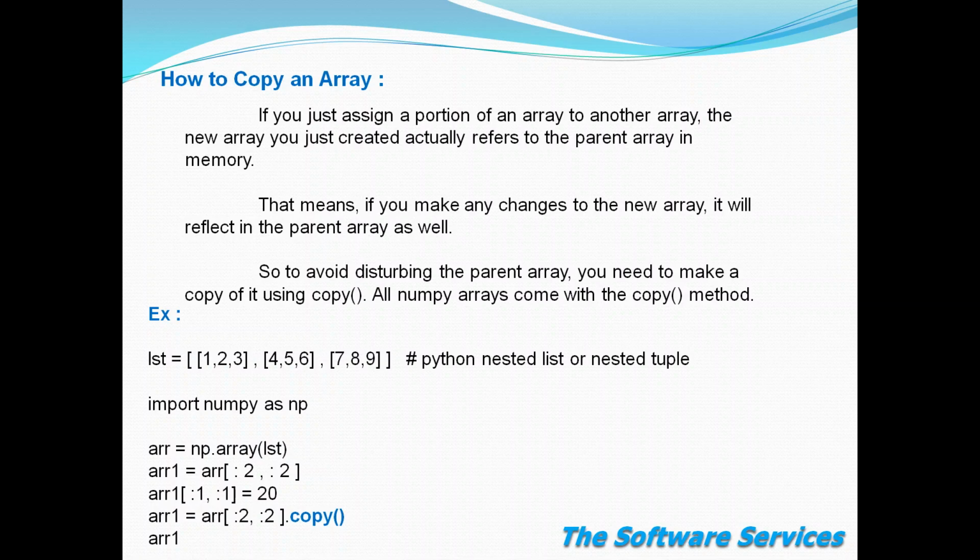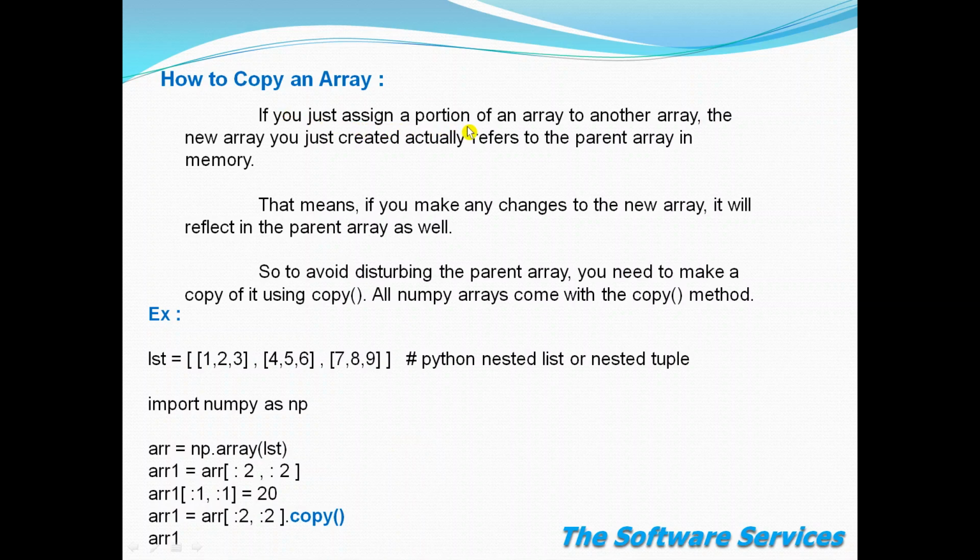So the idea is, if you have a NumPy array already available to you, and you want that array to be copied to another variable, how to do it? Let's study the theory part, and then we'll switch over to our Jupyter notebook.